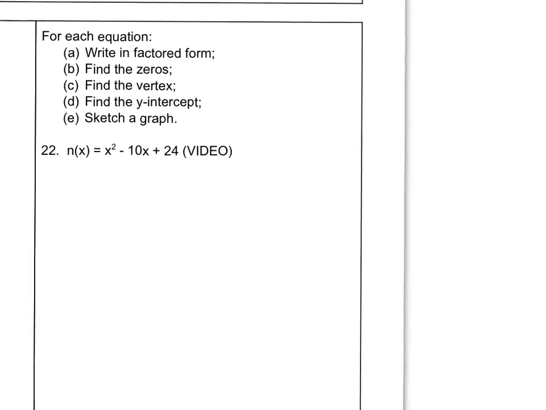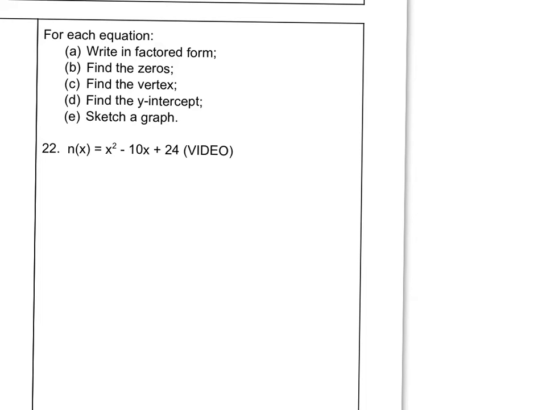Okay, for 22, we've got to do a bunch of stuff for this. So I'm going to start by writing in factored form. And I'm looking for things that multiply, 1 times 24 is 24, and add up to negative 10. Based on the last problem we just did, which had the same things, that's going to be negative 6 and negative 4.